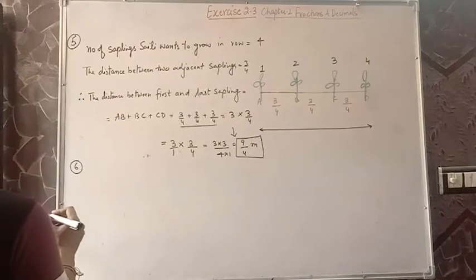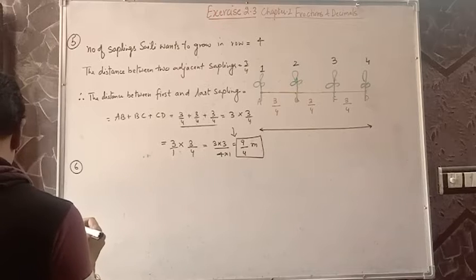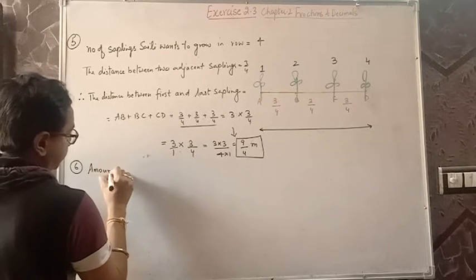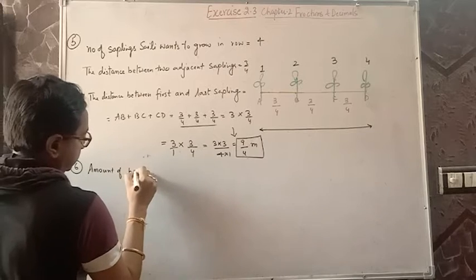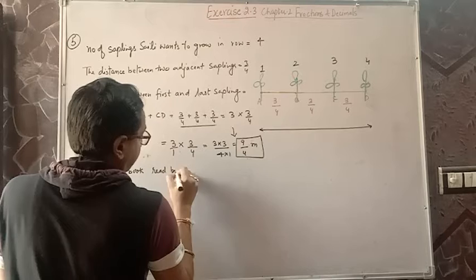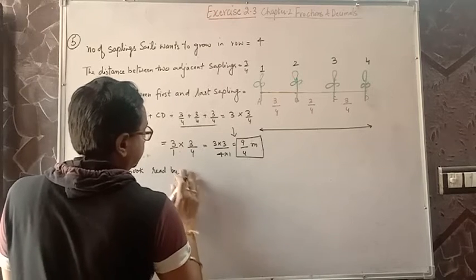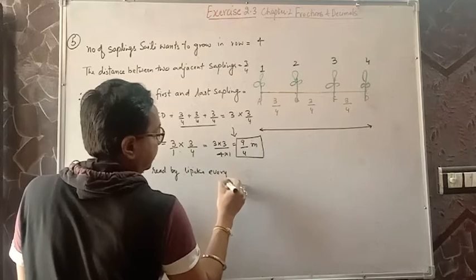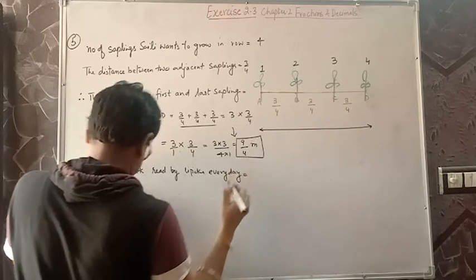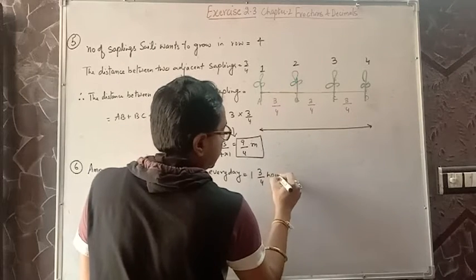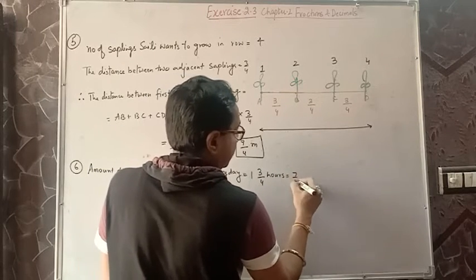So we can write, amount of book read by Lipika every day, that is 3 1/4 hours. It means I can write 13 by 4 hours.